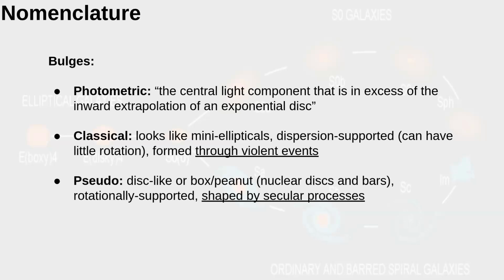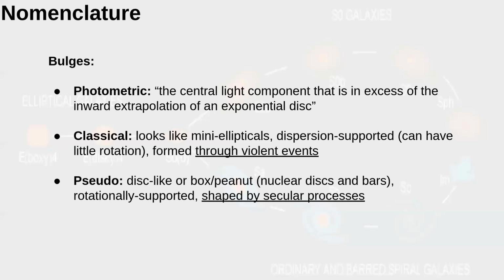Then there are two other classes of bulges, the classical ones and the pseudo bulges. Classical ones, ideally, you want to define them as the component of the galaxy which is originated by violent processes. And the way you want to identify that is basically through stellar kinematics. So you look for the central compact component, which is dispersion supported.